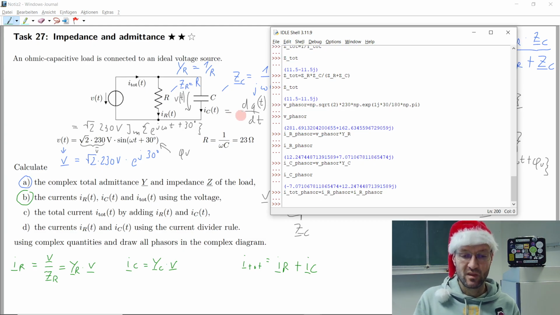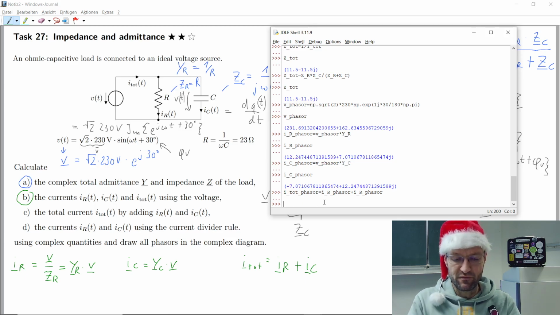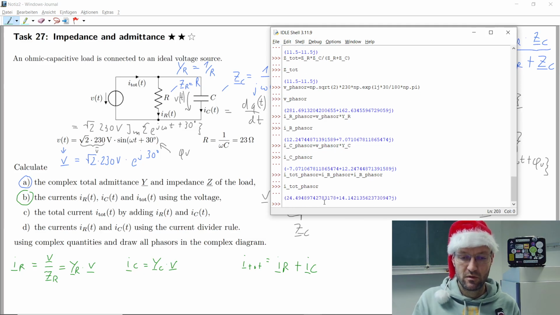And so now if you check if we have 12 minus 7, we should get approximately 5. And we have 7 plus 12.